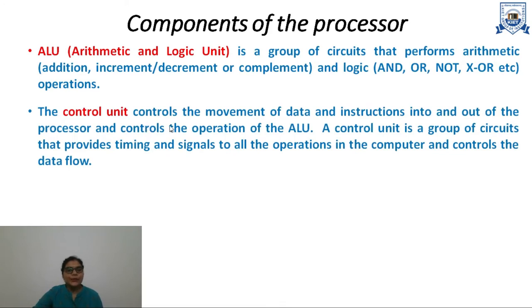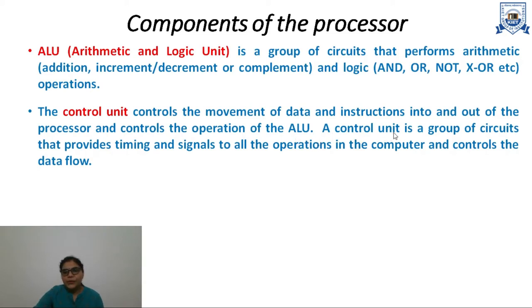The control unit controls the movement of data and instructions into and out of the processor. It controls the movement of the data or instructions in the computer, as well as controls the operation of the ALU. The ALU does the processing, so it also controls the operation of the ALU.